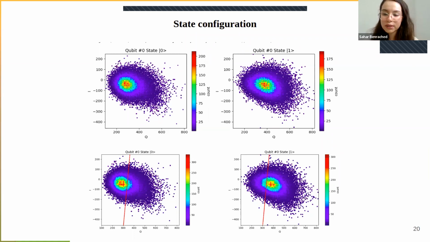And this is very important for the distinction between the states at the measurement level. Of course, this would tell us also about our measurement performance and whether our results would be correct or not. And as you can see, after creating the clouds, we distinguish between the states, which is important at the level of the measurement.